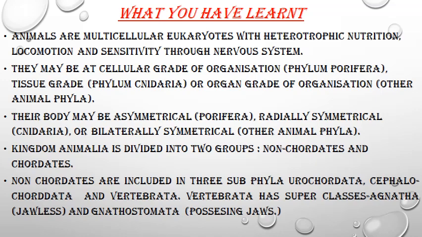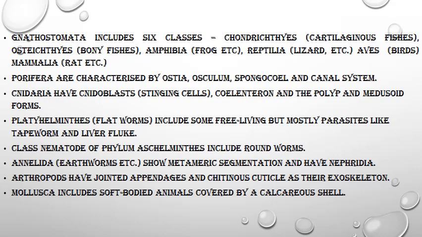Kingdom Animalia is divided into 2 groups, non-chordates and chordates. Chordates are included in 3 subphyla, Urochordata, Cephalochordata and Vertebrata. Vertebrata has superclasses Agnatha and Gnathostomata. And Gnathostomata includes 6 classes.